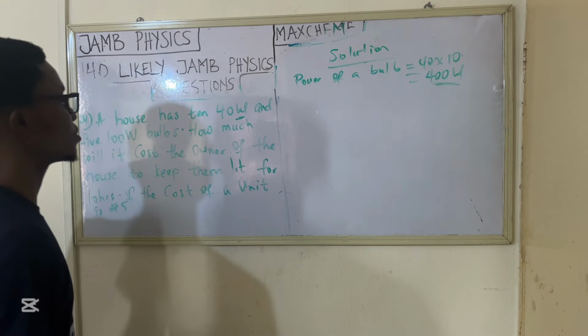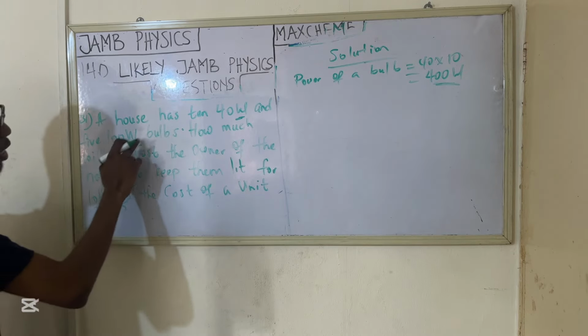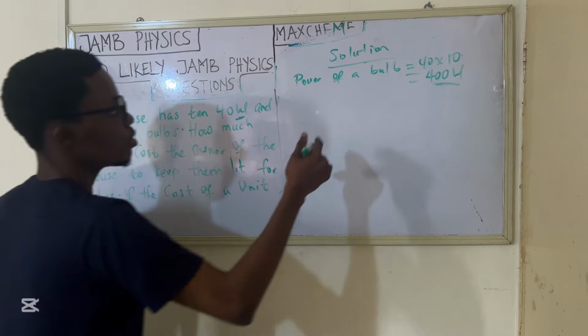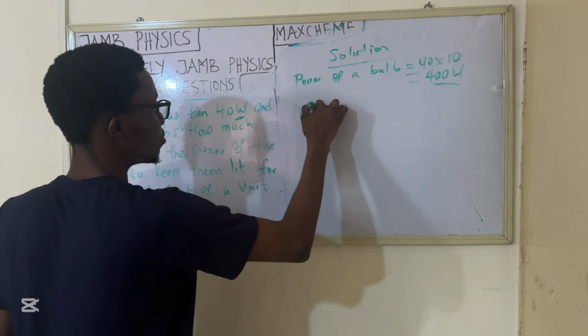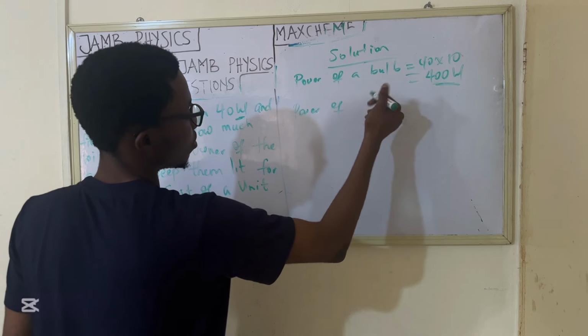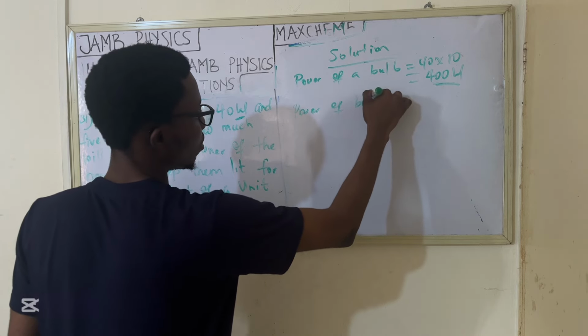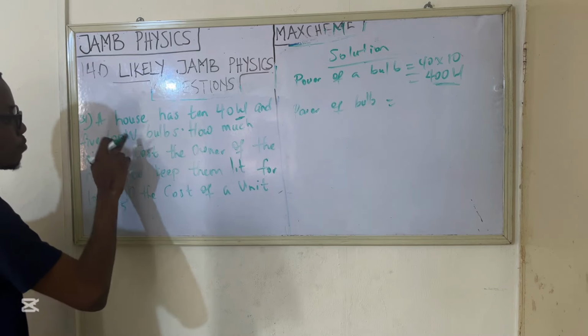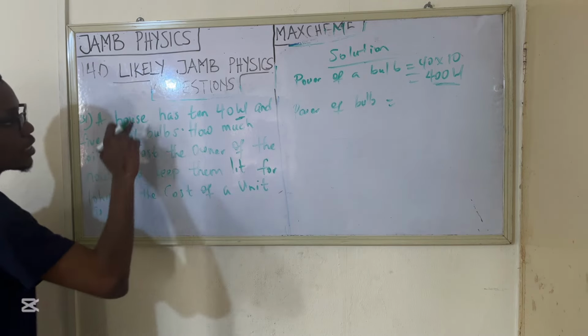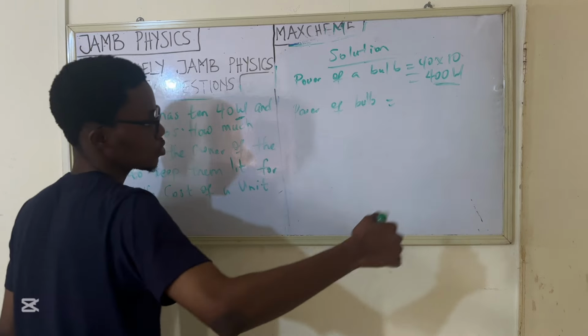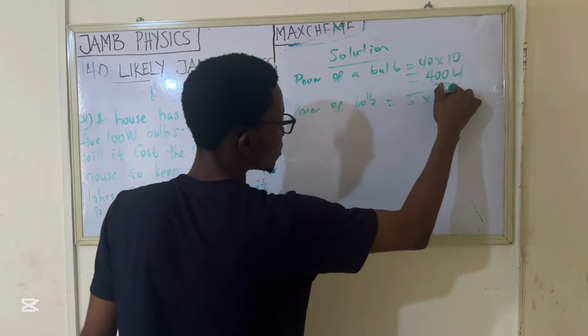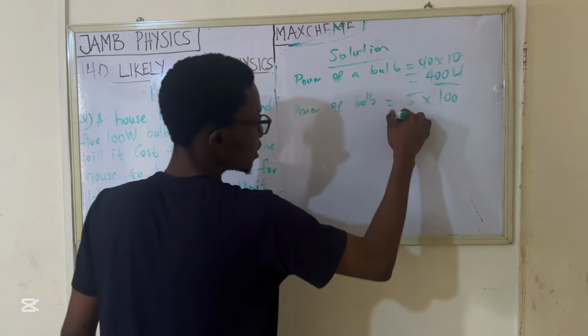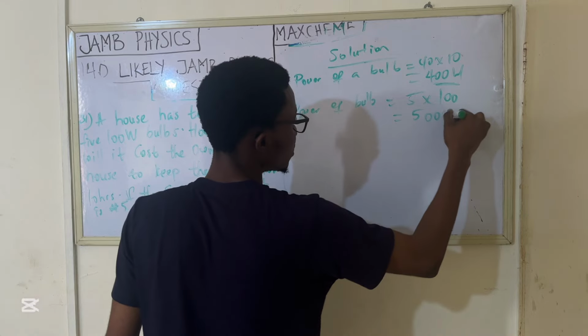Now, and 5 100 watt bulbs. So that will be power of the other bulb, which will be 100 watts. That means we have 5 times 100. So in this case, it will be what? 500 watts.